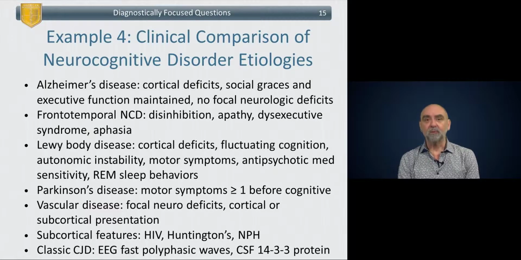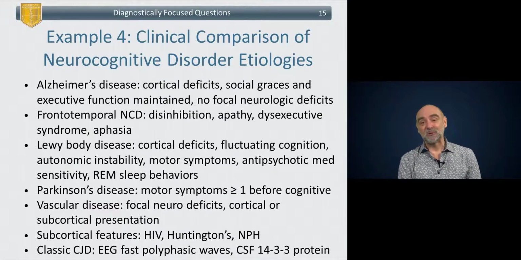Last example, a little bit different. And this is just an example of how you can take a huge amount of information and really try to summarize it to yourself. And again, you can speak this stuff out as you're driving. So this is the last slide in my neurocognitive disorders lecture, which is like 3.5 hours long.